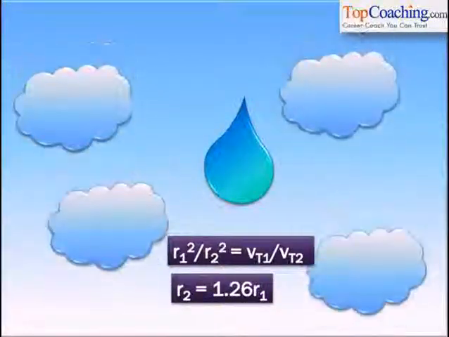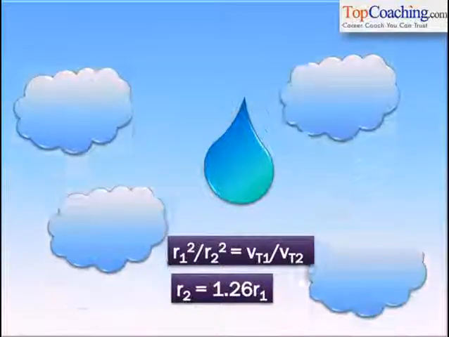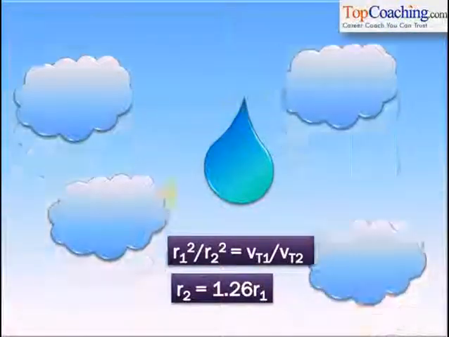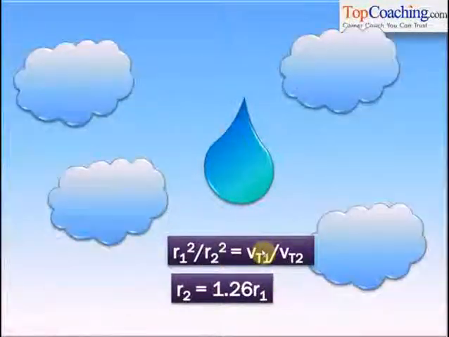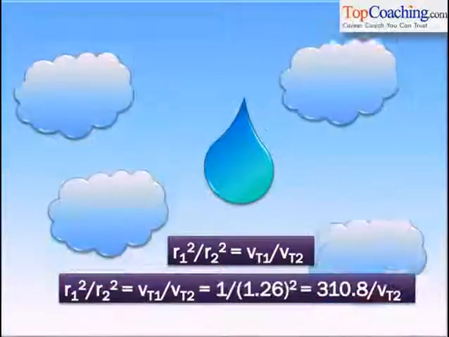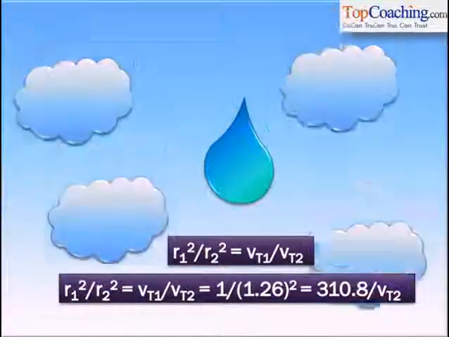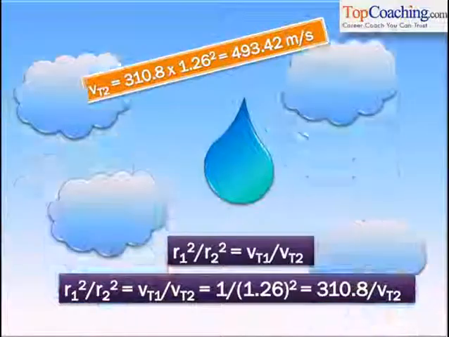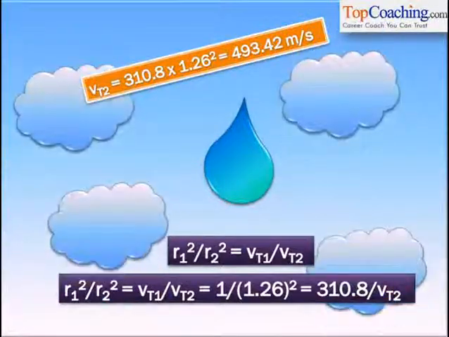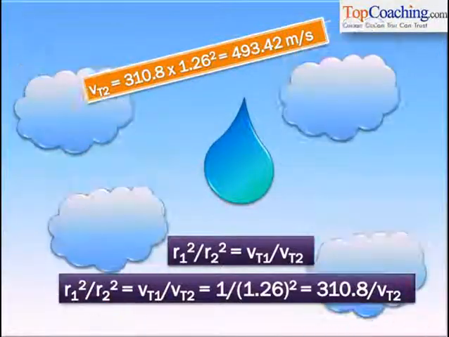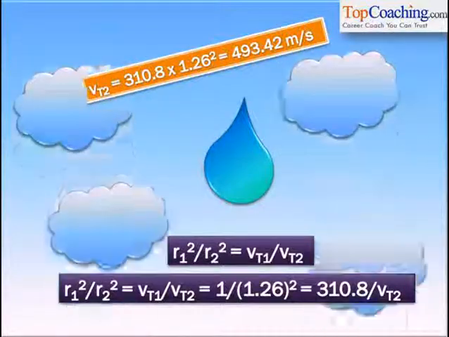R2 comes out to be 1.26 times R1. Substituting that value in this expression, r1 square by r2 square is Vt1 by Vt2, we get the value of Vt2, the terminal velocity of the final raindrop formed, as 493.42 meter per second.